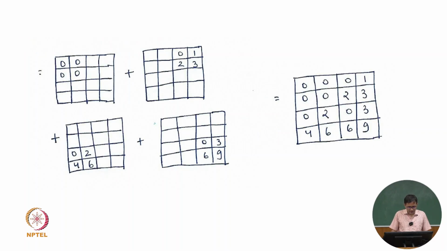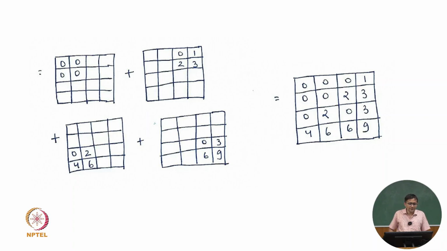Given this input and given this kernel, think about taking these multiplications. 0, 1, 2, 3, you are multiplying with 0, you are multiplying with 1, you are multiplying with 2, you are multiplying with 3. So at first you are getting this 0, 0, 0, 0, and the remaining you can think of as 0, added with, multiplied with 1, 0, 1, 2, 3, and all the other entries you can think as 0, added with, multiplied by 2, and all the other entries as 0, and multiplied by 3 and all the other entries as 0.